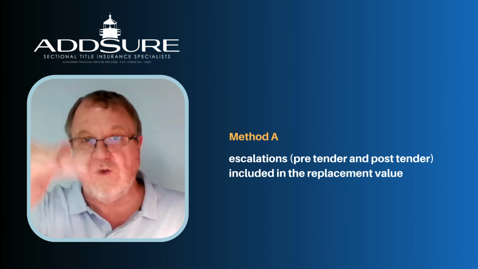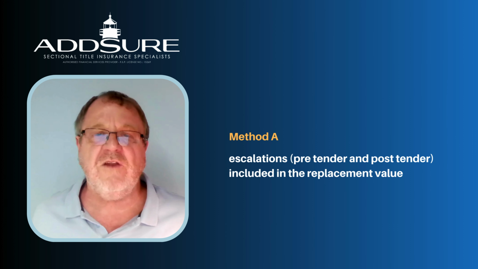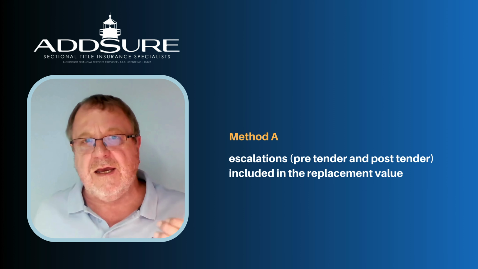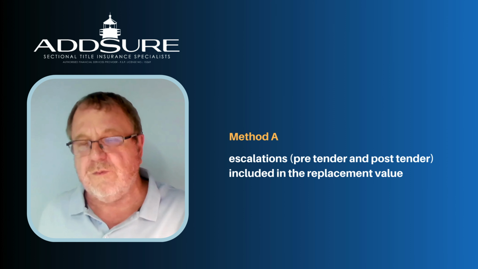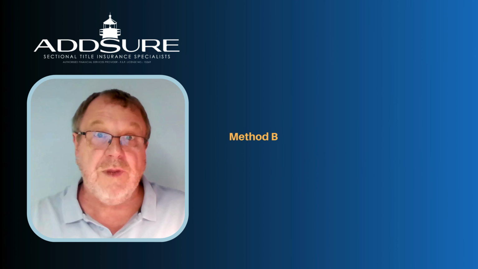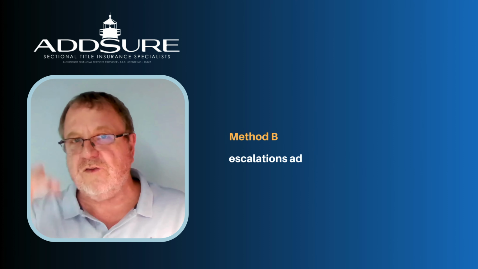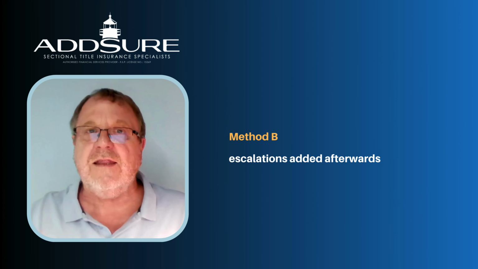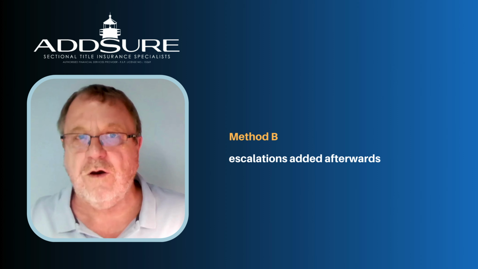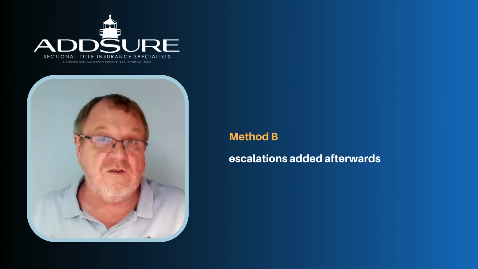So you've got your valuation, all of the points of the valuation, and then the escalations are included in the sum insured. Then method B is you've stripped that out. So you do the valuation, and then you add the escalations afterwards. It is really as simple as that.